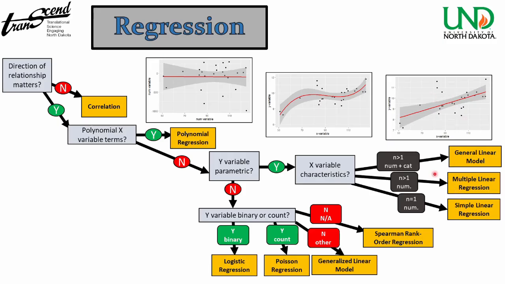Now, regression and ANOVA are really kind of the same thing. So actually, with regression, you can have multiple y variables, and you can have numerical and categorical variables. If they're only categorical variables, we typically just call that ANOVA. And if it's only numerical variables, we usually call it multiple linear regression.